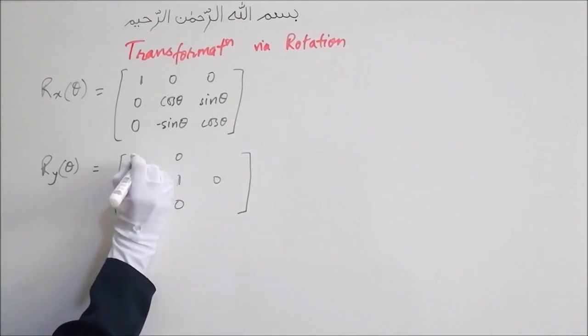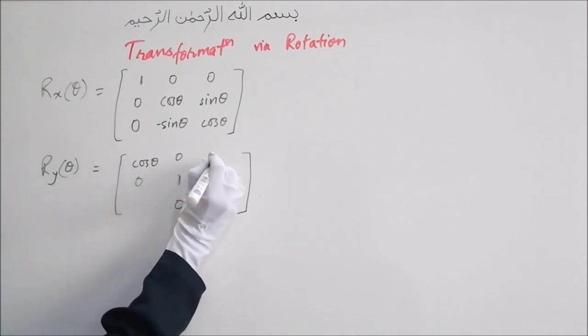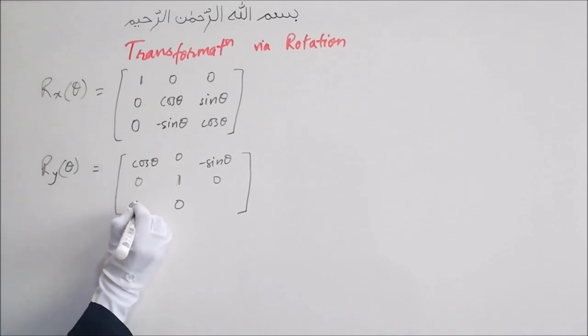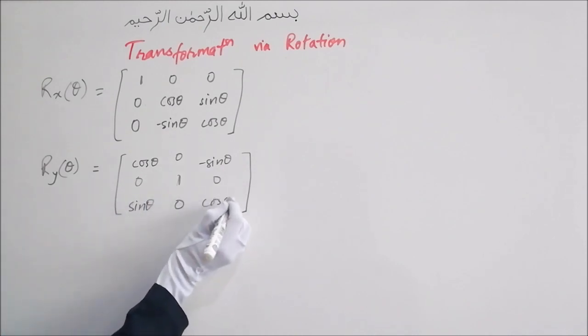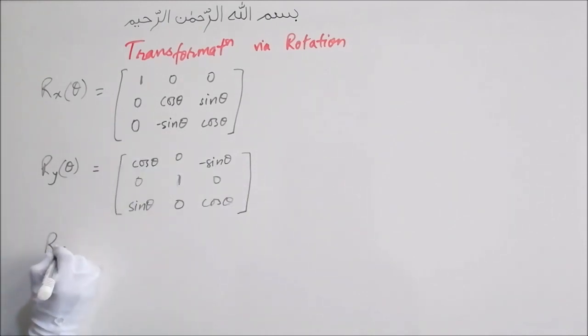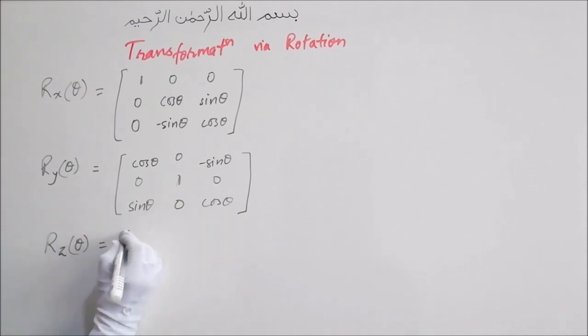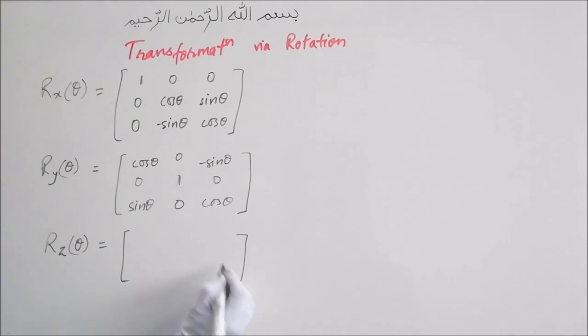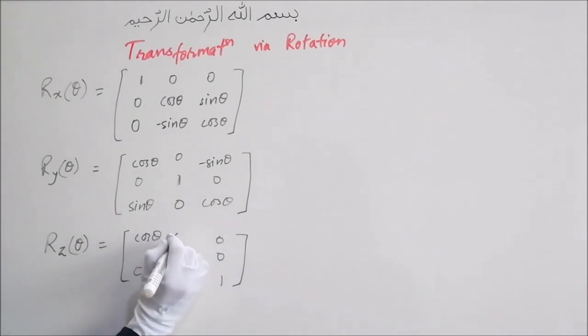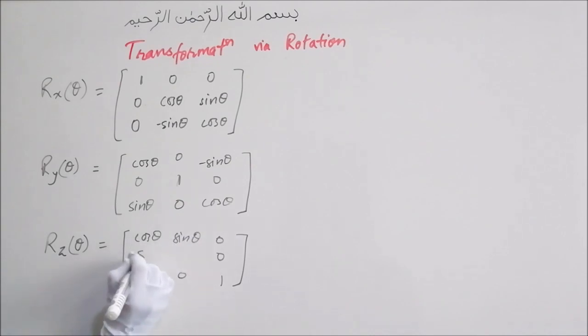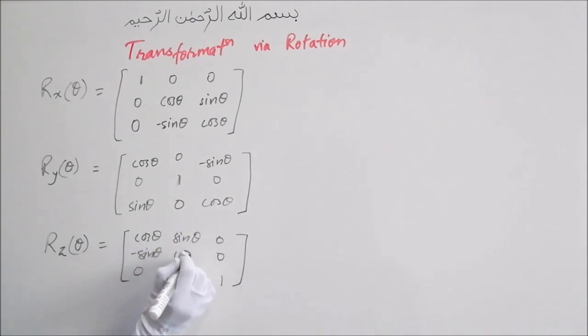We'll have here cos theta, minus sin theta, cos theta. Rotation about the z axis will give us this transformation, which will be 1, 0, 0, 0, 0, cos theta, sin theta, minus sin theta, cos theta.